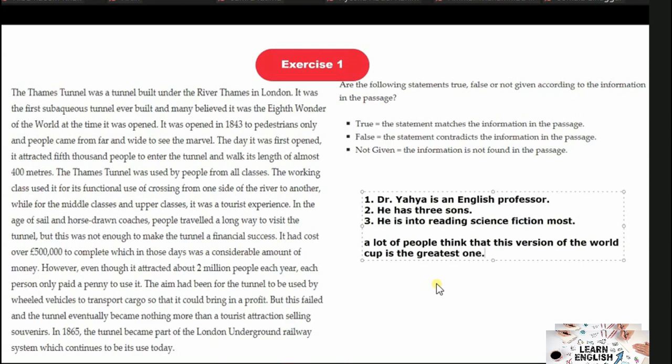What do you think? So this is the passage. A lot of people think that this version of the World Cup is the greatest one. And you find this question number 4. What do you think about this one? This version of the World Cup is the greatest one. Is it true, false, not given?